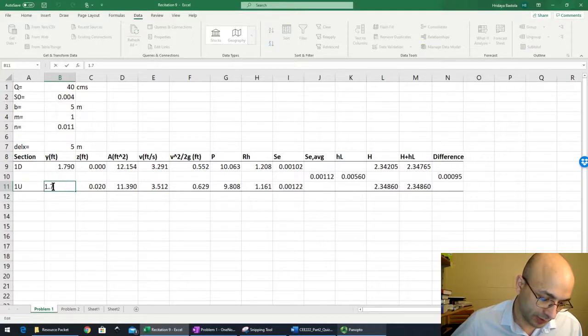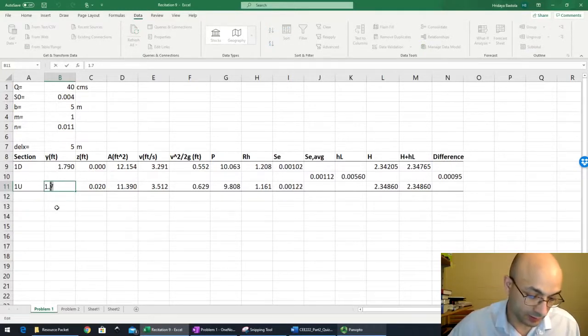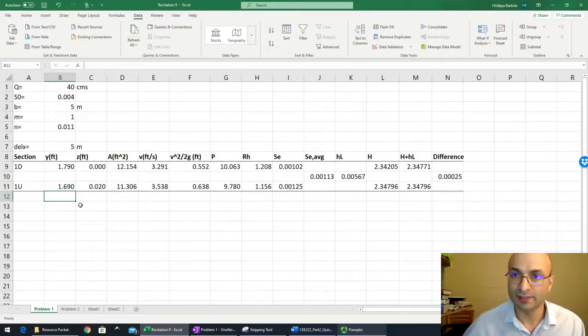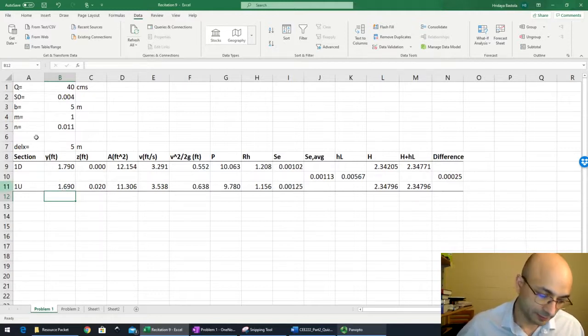So we can do that until the difference starts increasing again. 1.69, I think that was smaller yet. So this is the iterative process that you use to find the depth at a given distance from a location of known water height.